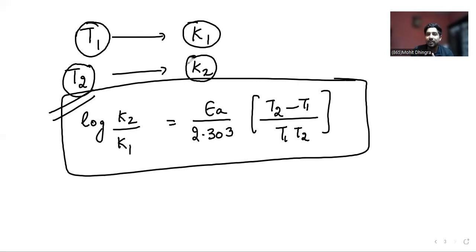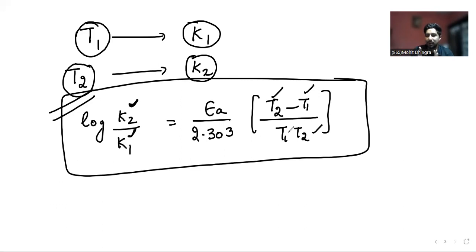The relation between them is log K2 upon K1, where K2 is the rate constant at temperature T2 and K1 is the rate constant at temperature T1, equal to Ea, the activation energy, upon 2.303 into (T2 minus T1) upon (T1 into T2). T1 is the initial temperature and T2 is the final temperature. So this one is very important.